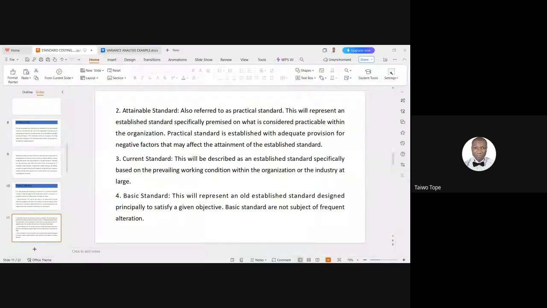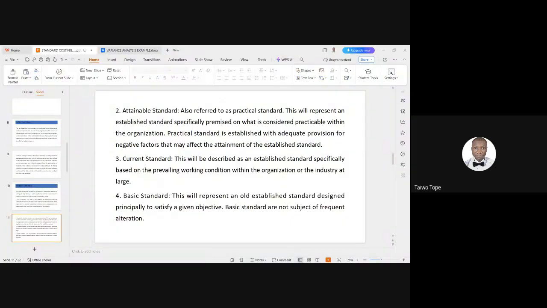That is current standard. For example, you have 3 machines but only one working; the standard suits that condition as at that point in time. Based on the slide, we said this will be described as an established standard working condition within the organization or the industry at large.